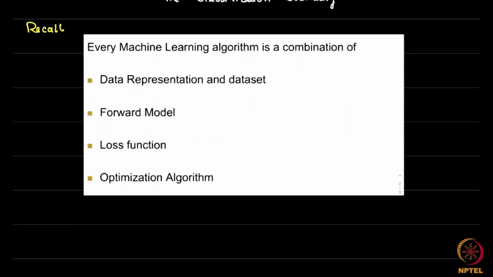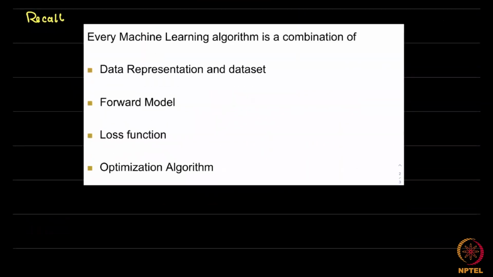Now, recollect that every machine learning algorithm that we will be discussing is basically a combination of four things: how we represent the data, what is the forward model, what is the loss function, and what is the optimization algorithm used. The first two is what we will be covering in this video.